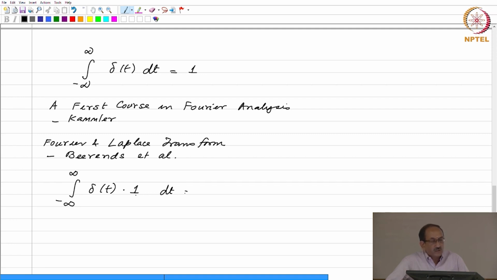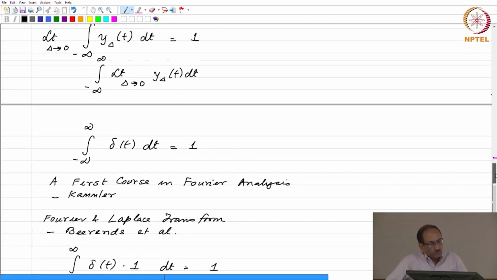So replace f of t by 1, and on the right hand side the answer is this function evaluated at the origin, which is 1, and sure enough f of t equal to 1 for all t is indeed continuous at t equal to 0. Therefore this is fine. So the so-called area under delta of t is 1 actually follows from this.